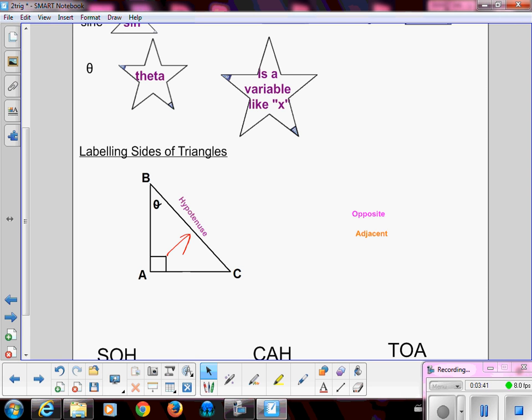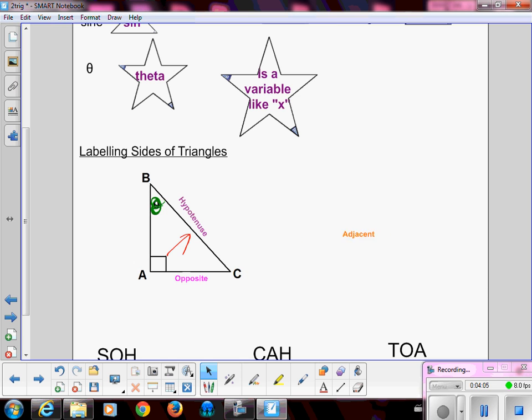So in this case, there's a theta that's been marked. Sometimes it's the angle I want to find, and so I'm labeling my triangle according to that. Or in other cases, they gave me the actual measurement of that angle, so then I want to label my triangle according to that. So directly across from this theta, directly opposite that theta, is the opposite side.